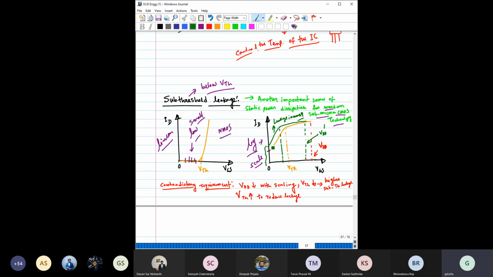This is called the subthreshold slope, and there is a limit, the theoretical limit is 60 millivolt per decade. You cannot reduce this subthreshold slope beyond that. So there is a limit, and you cannot make the slope like a wall, perpendicular like this. No, you cannot do that.